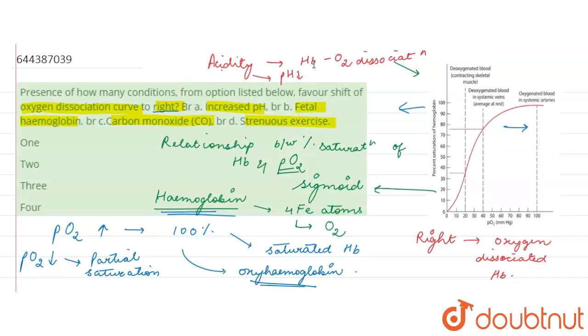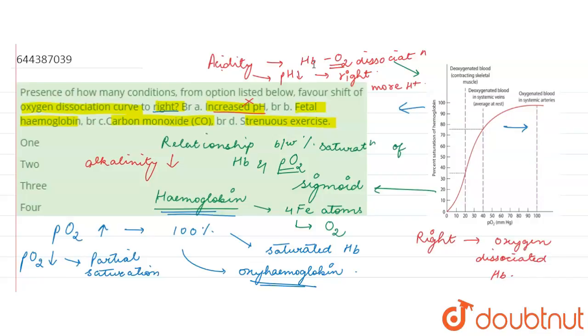It will shift the curve to the right. That is, more hydrogen ions present will lead to the oxygen dissociation. So they have given us increased pH, meaning that alkalinity will increase. So this will not shift the curve towards the right.